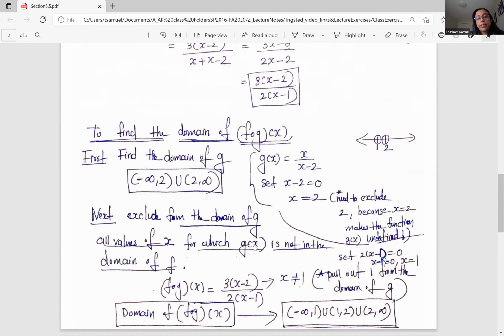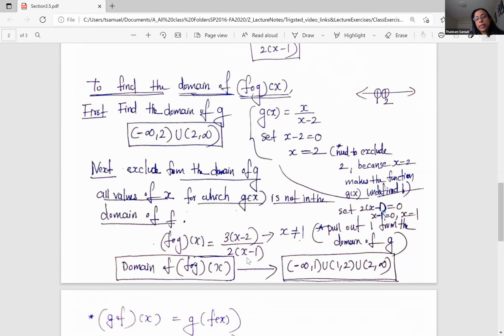When you look at this function, we can see that this is again a rational function. We cannot have x equals 1 in the domain of this function, right? Because that value makes this composite function undefined. So we need to exclude 1 from the domain of g.